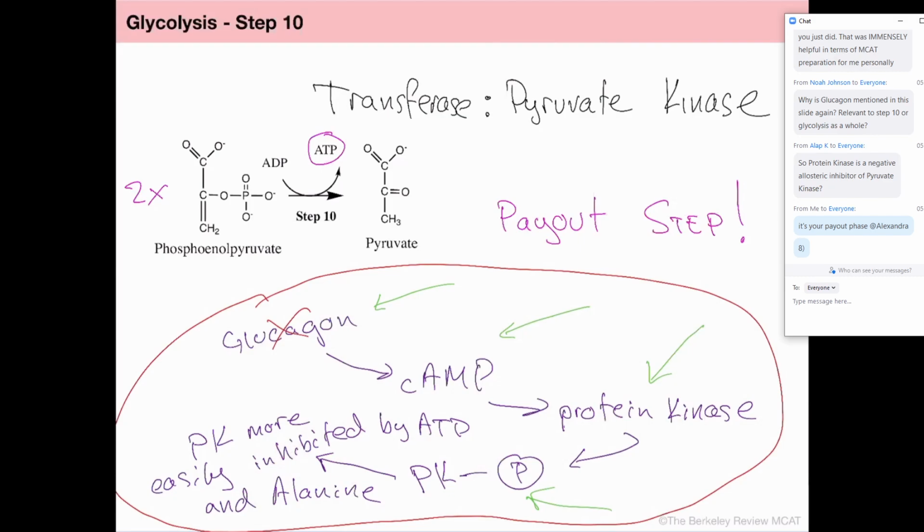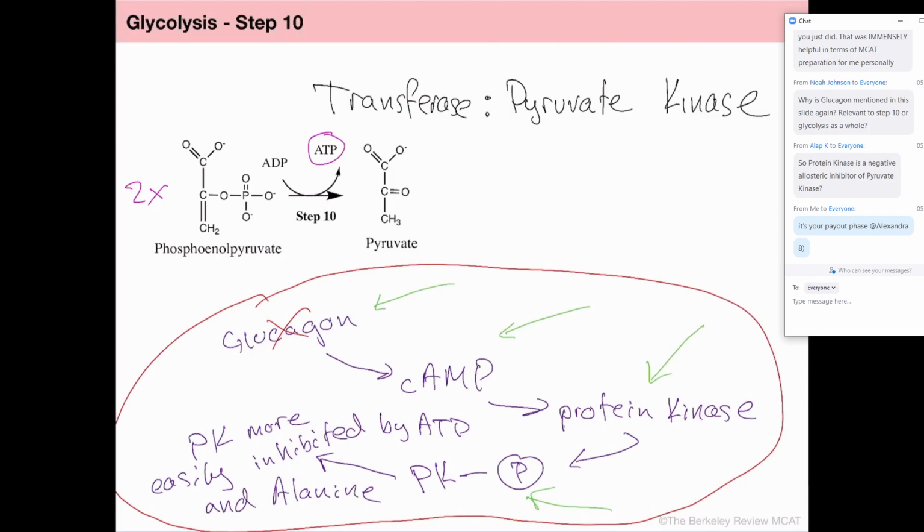So protein kinase is a negative allosteric inhibitor of pyruvate kinase? Yes. Beautiful. And there are so many different protein kinases. Protein kinase is a catch-all for a protein that phosphorylates something.